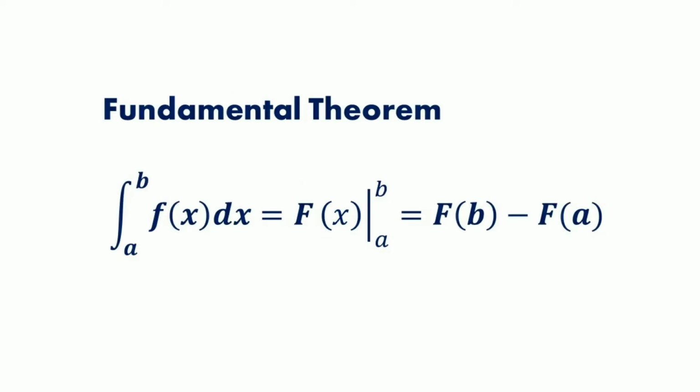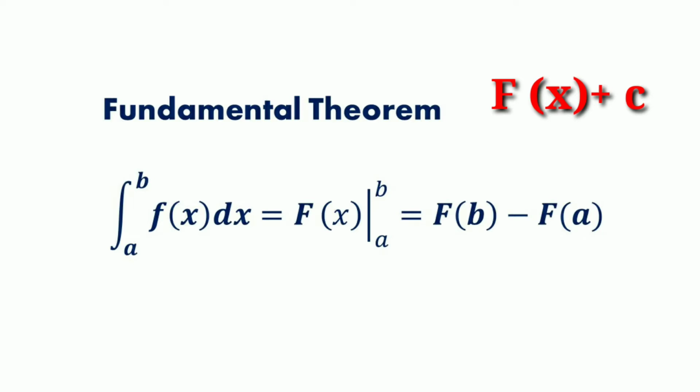The fundamental theorem states that the numerical value of the definite integral of a function is given by the indefinite integral F of x plus c evaluated at the upper limit of the integration b, minus the same indefinite integral F of x plus c evaluated at the lower limit of the integration a.